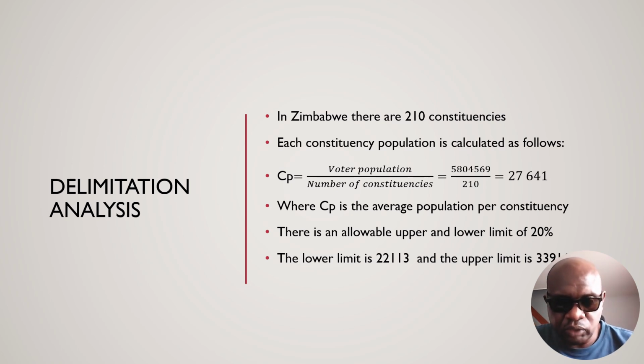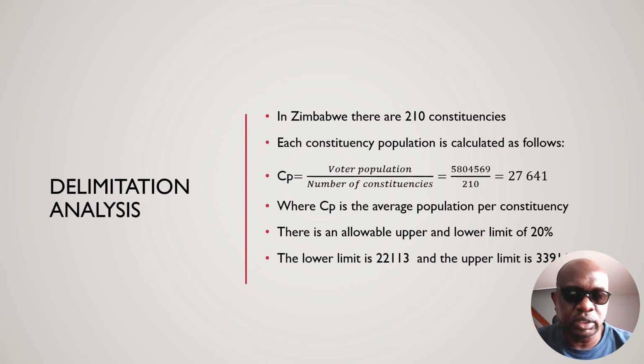This means that if you want to find the population that is allowable in each constituency, you need to take 20% and subtract it from the constituency population. You get the lower limit, and that 20%, if you add it to 27,641, you get the upper limit.